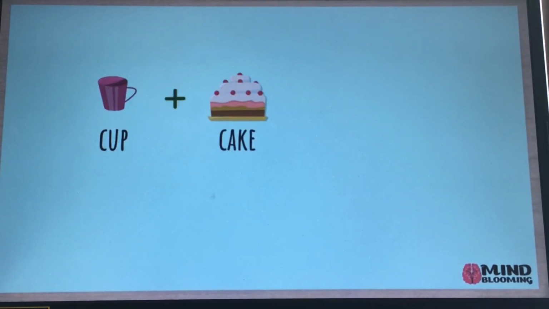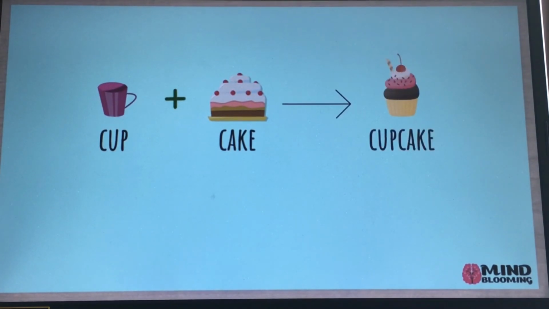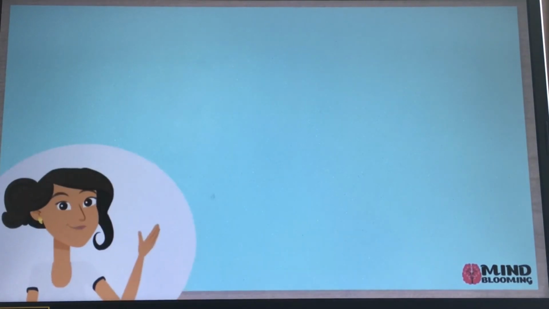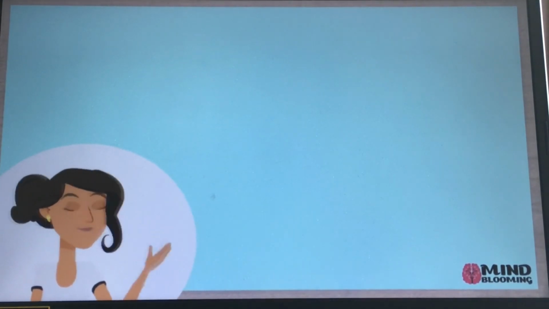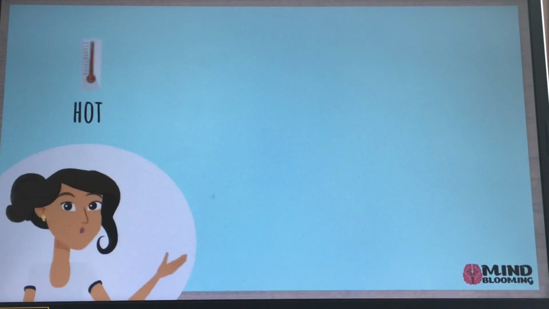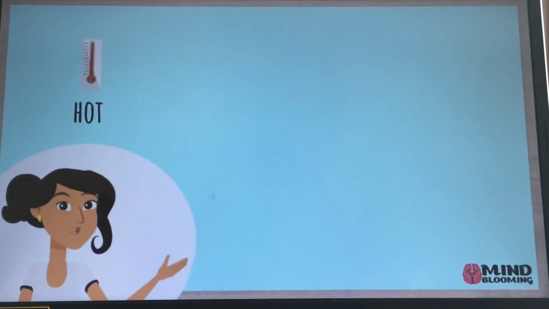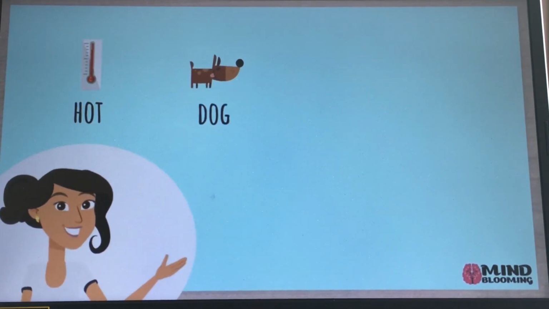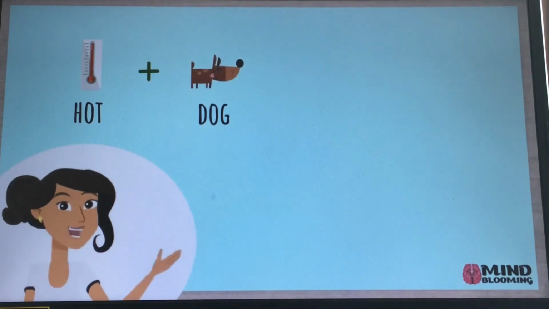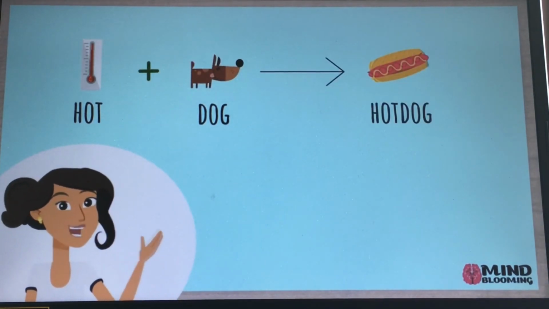Or if I have the words cup and cake put together, it will give me the compound word cupcake. Notice how compound words don't necessarily have anything to do with the smaller parts. For example, the word hot talks about temperature, and the word dog here is an animal. Put together, these words make the word hot dog, which is a food.